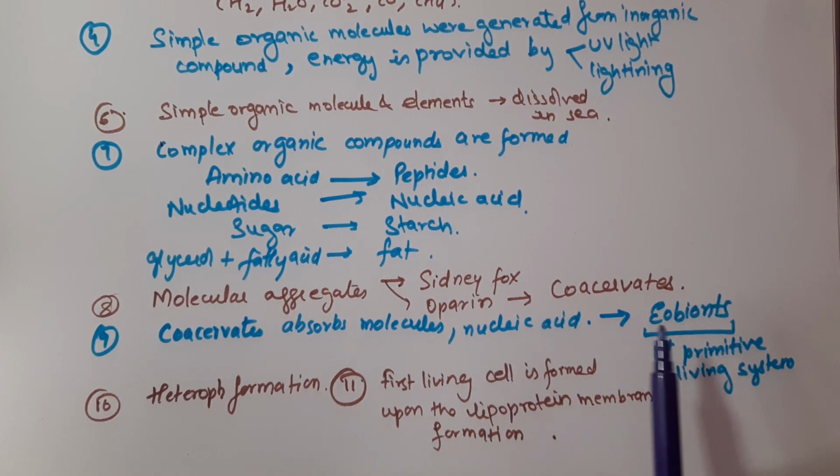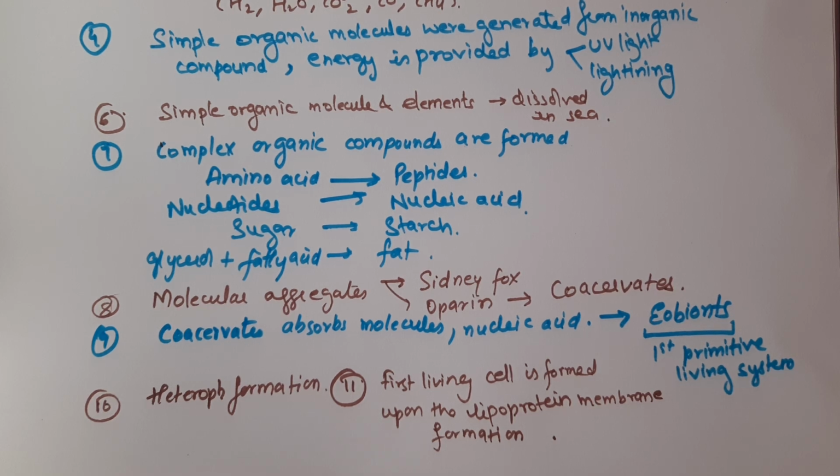So the eubionts are produced, and further there is a formation of heterotrophs, which have different forms of genes. The first living cell is formed upon the lipoprotein membrane formation. So these are the 11 steps in the chemical origin of life.